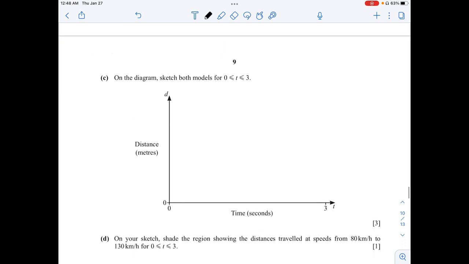Now on the diagram, sketch both the models between t equal to 0 to 3. d equal to 36t and d equal to 22t.